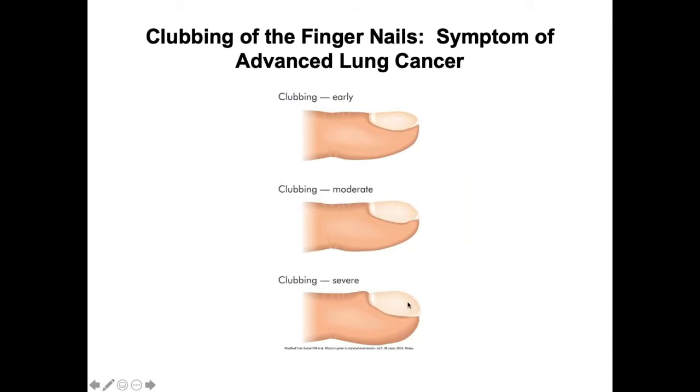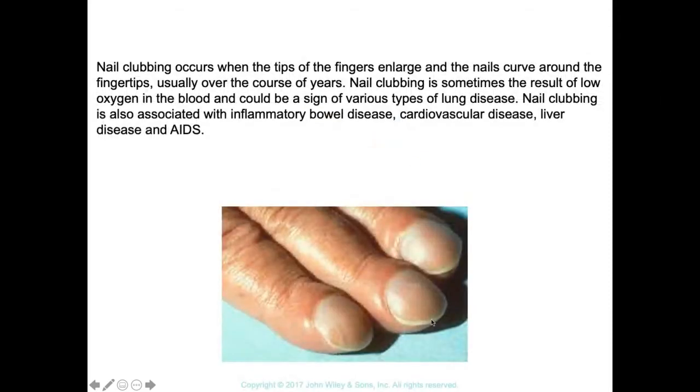When you start to see clubbing like this, that's usually involving some bad cardiac or pulmonary issue, as if there was a pulmonary or lung cancer. This is what clubbing of the nails looks like. We see it in heavy smokers. Could be seen in cardiovascular disease. I've also seen it in people with inflammatory bowel disease, very, very big.